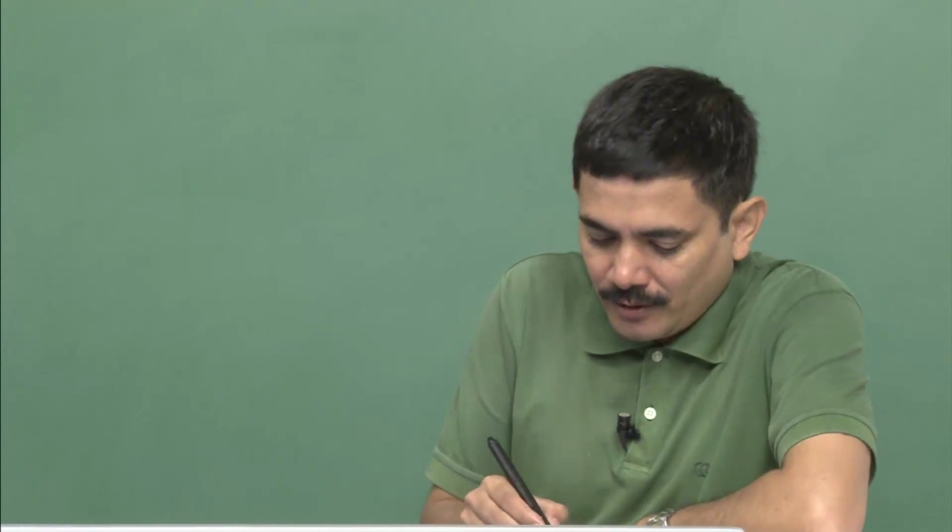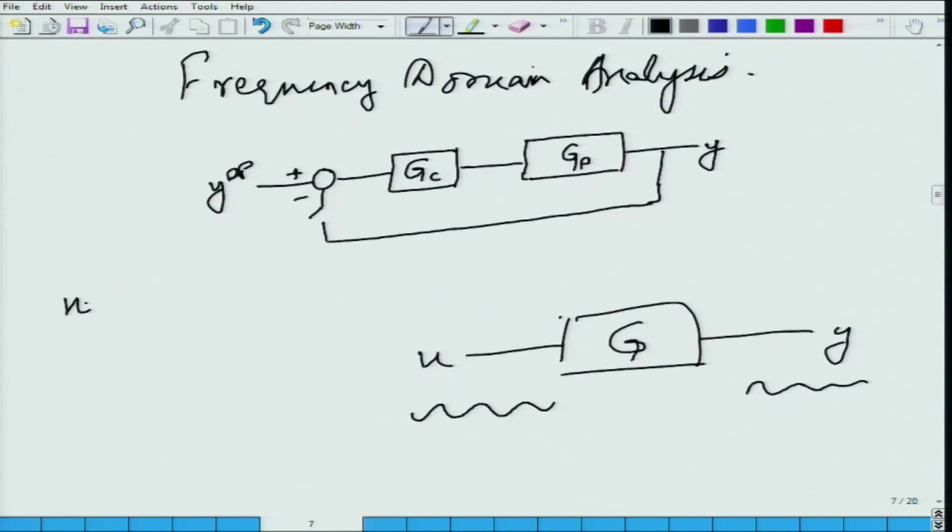So, what we are saying is, if you are forcing a linear system with, let us say, a sinusoid of amplitude a sine omega t, then after sufficient time has elapsed and the initial transients have died out, the output would be b, a different amplitude, times a sine wave with a phase lag phi, as t tends to infinity.